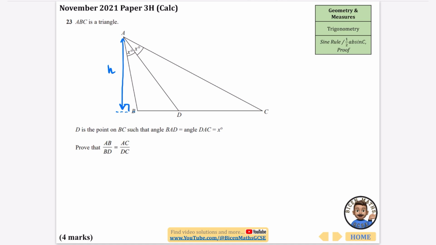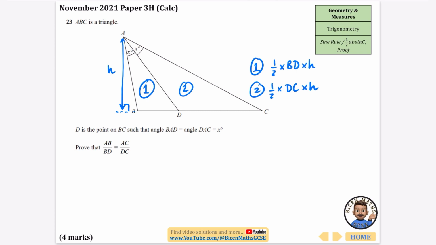So I can say that the area of this triangle number 1, and then I'll do triangle number 2. The area of triangle 1 is a half multiplied by the base multiplied by the height. The area of triangle 2 is a half multiplied by the base multiplied by the height.